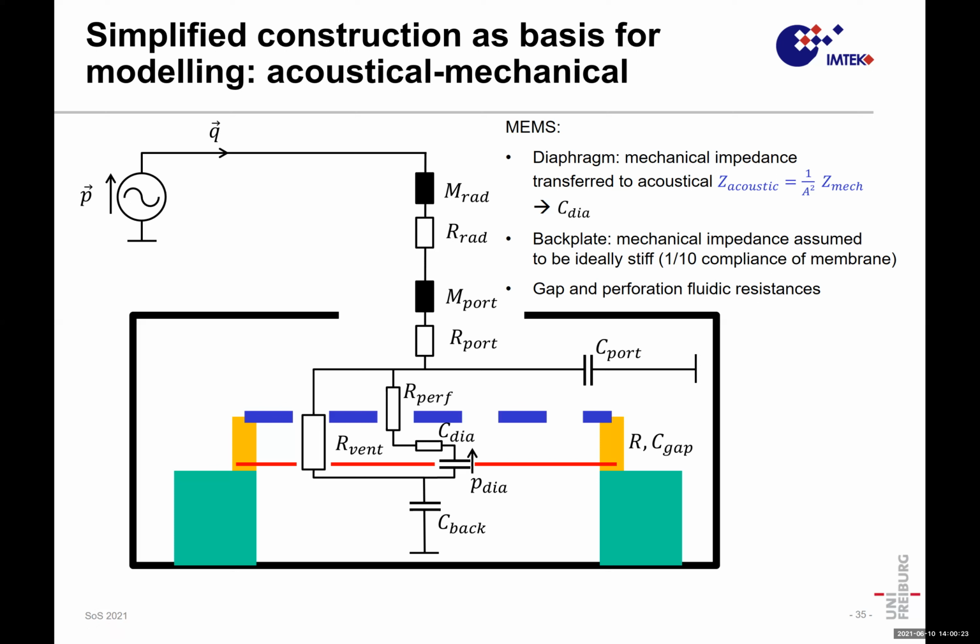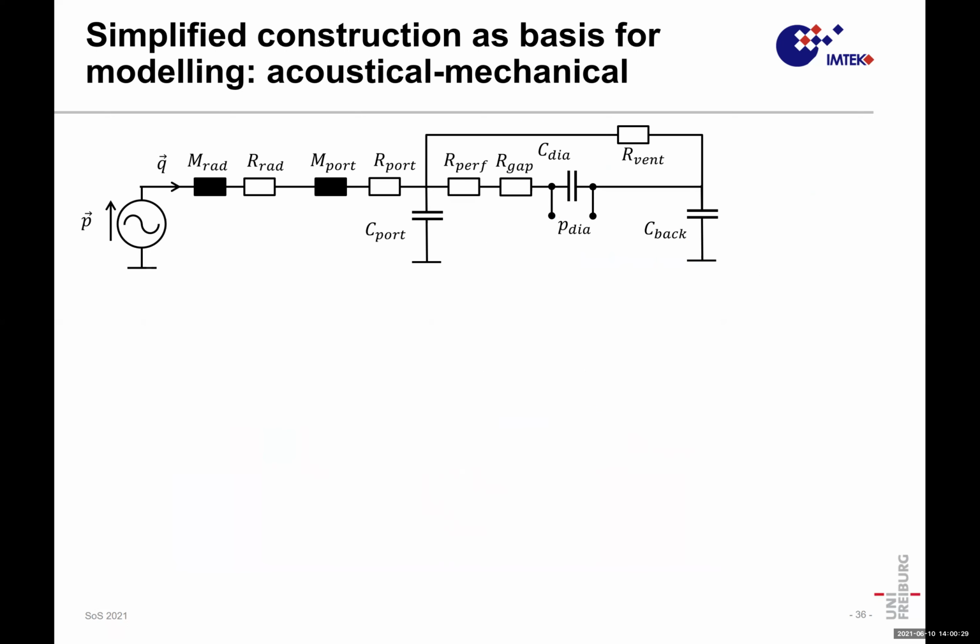It helps a lot to understand how it is made up, but we can stretch it or redraw it in such a fashion that we can display this situation more easily. So we see here the radiation, the port, the front element, the MEMS situation, the diaphragm pressure which we pick up here, and the ventilation bypass to the back volume. This is typically the situation.